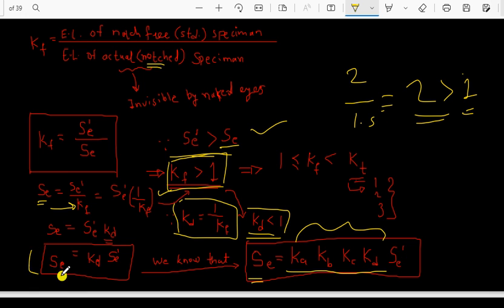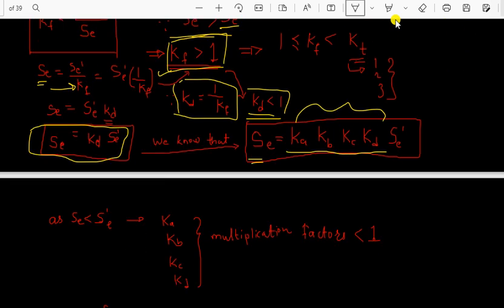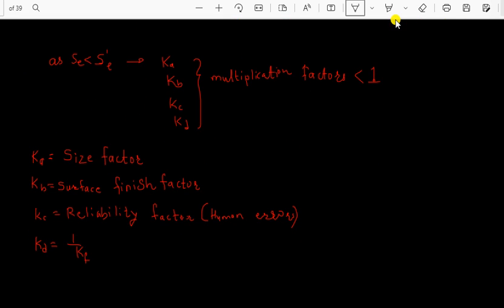Here we have written the equation for the SE. Now we will see what these Ka, Kb, Kc and Kd values are. Ka is the factor which considers the irregularity or the difference between the size, which will be taking care of the size of the components.